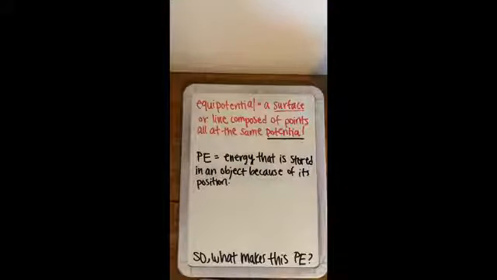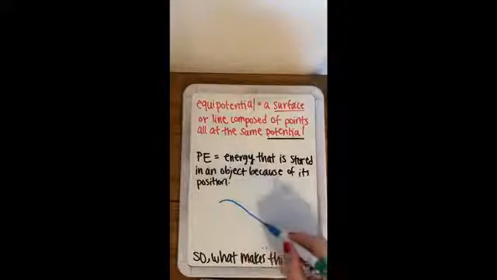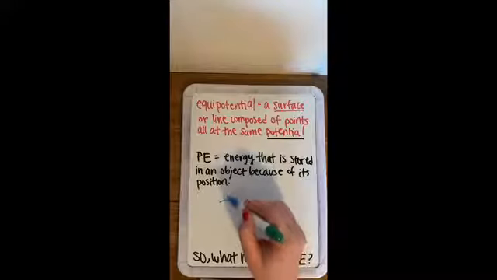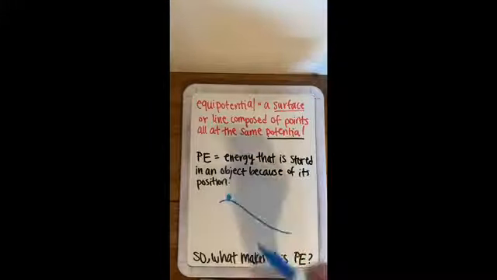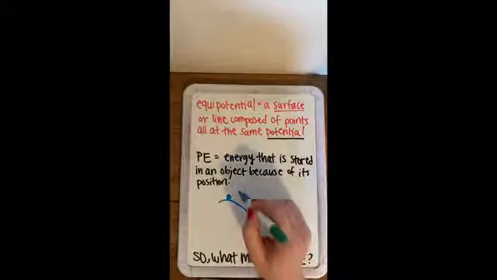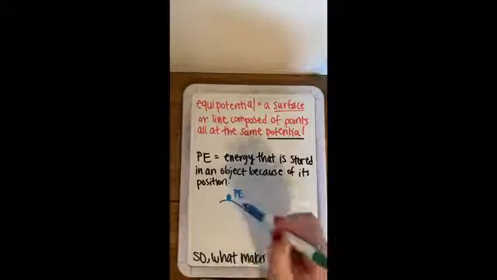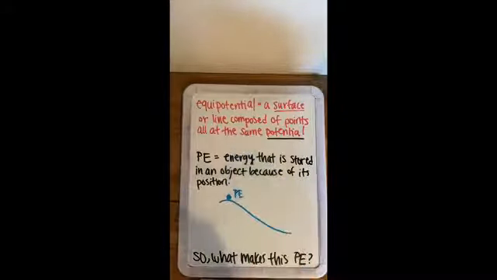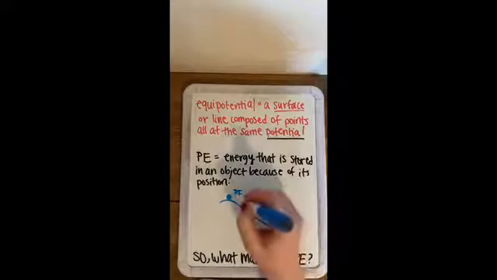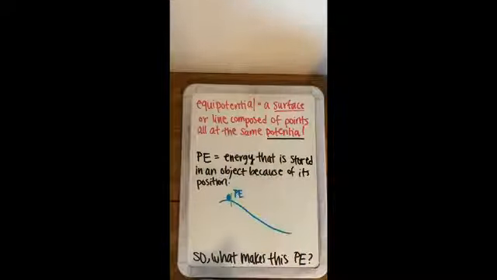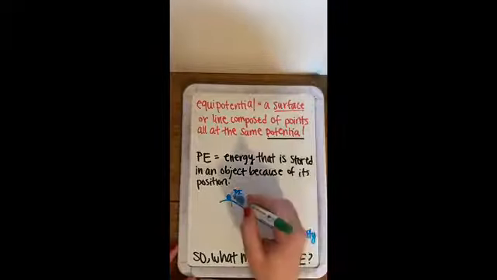A good example of potential energy is a hill with a ball perched on top. This ball has a lot of potential energy. We can make it static by putting a blockade between it and the ground, but gravity is still pulling on this ball.